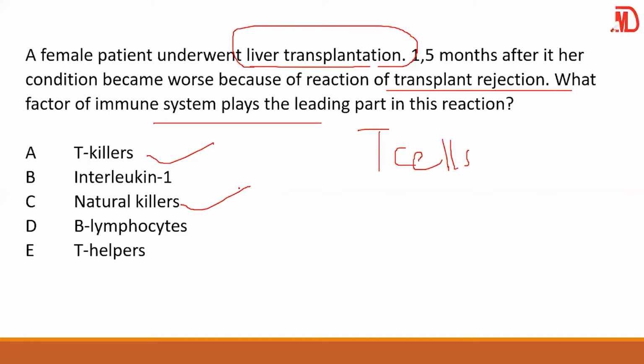They play a major role in the host rejection. So your answer should be A. Of course, it can also be natural killers, but the T killers will be more appropriate. It's the same thing, but in Krok, go in for the T killer cells.